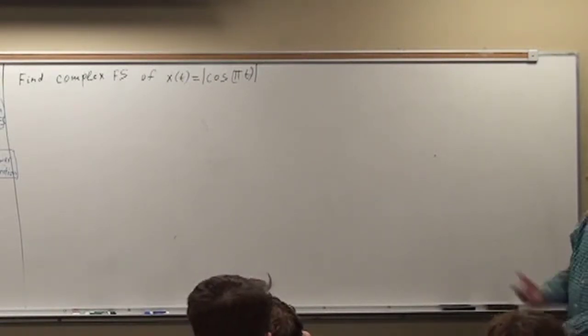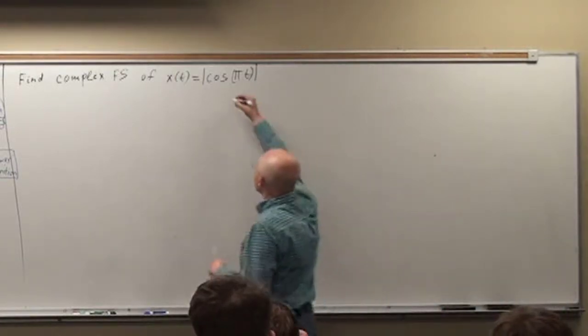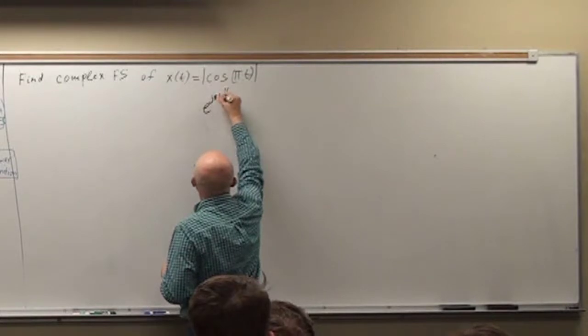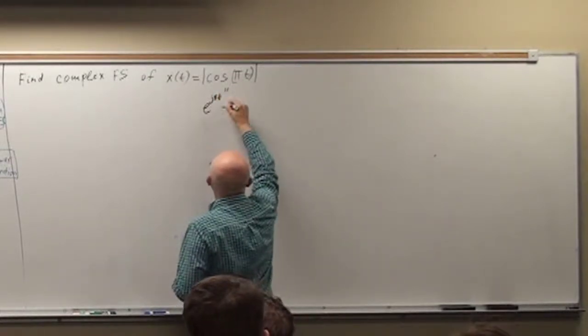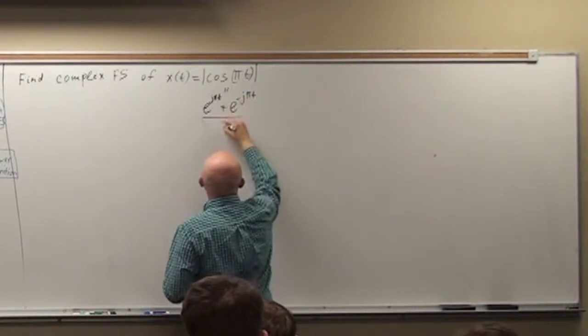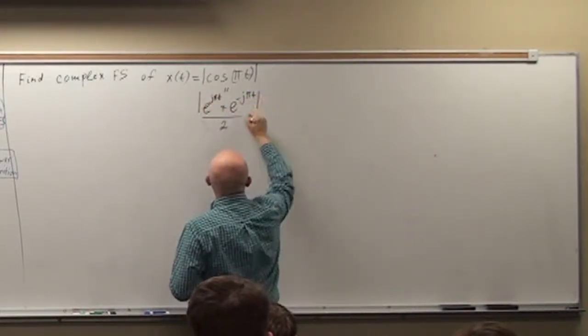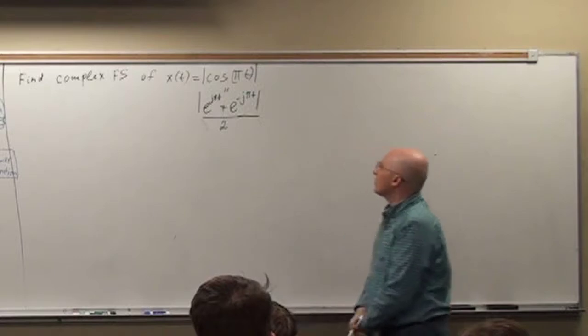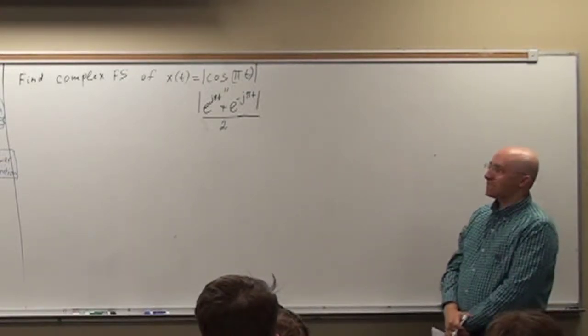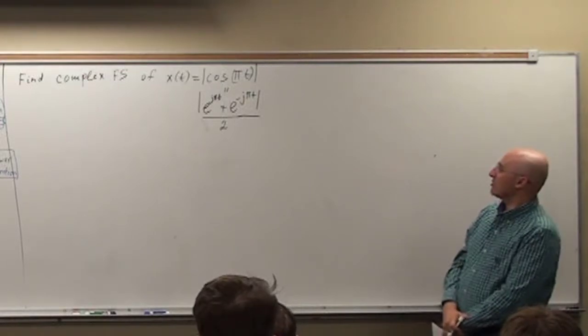Okay, let's convert it to complex. So this equals the absolute value of e to the j pi t plus e to the minus j pi t, divided by 2. Now what? This is cosine, right? Yes.